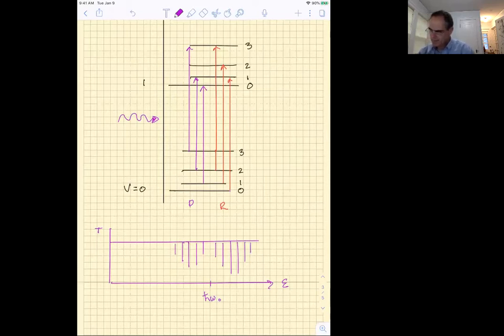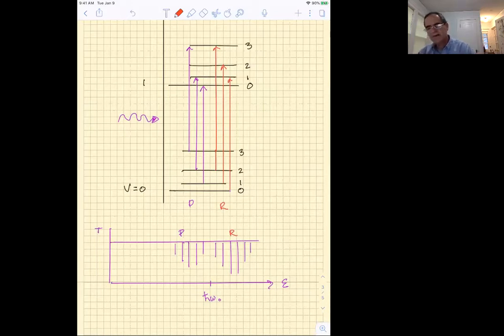Okay? The ones on the low energy side would be the P branch lines, whereas the ones on the high energy side are the R branch lines. I remember it this way. If you draw a graph of transmission versus energy, the R branch lines are on the right. Okay? But I don't know why they're called P and R. You have to ask a chemist.